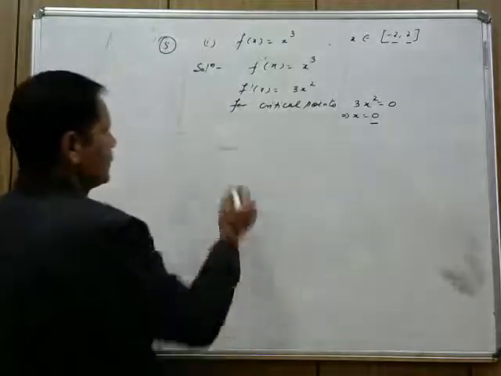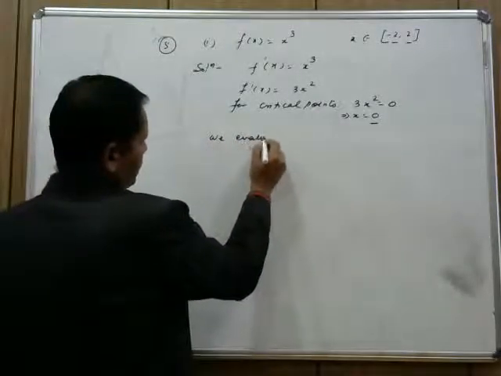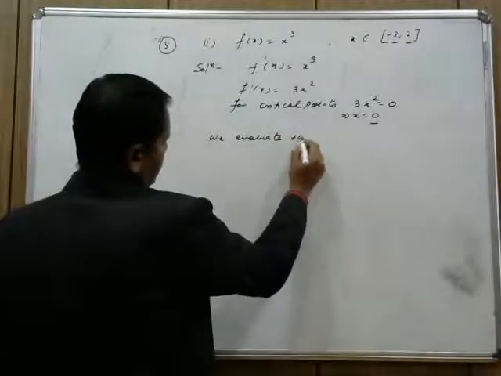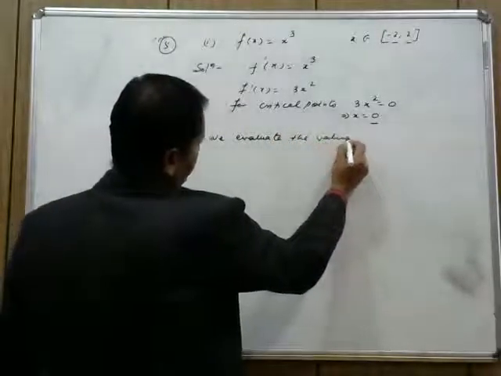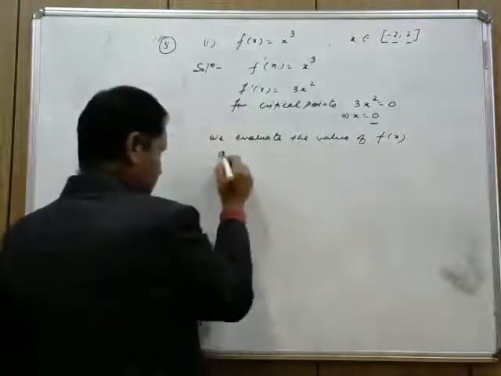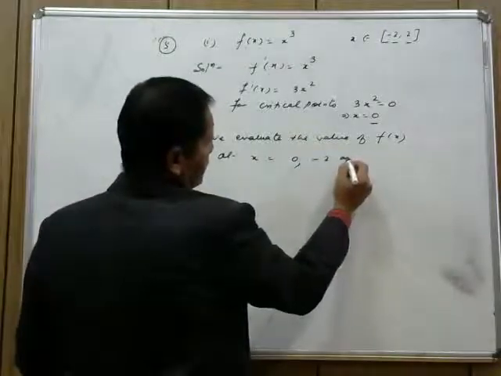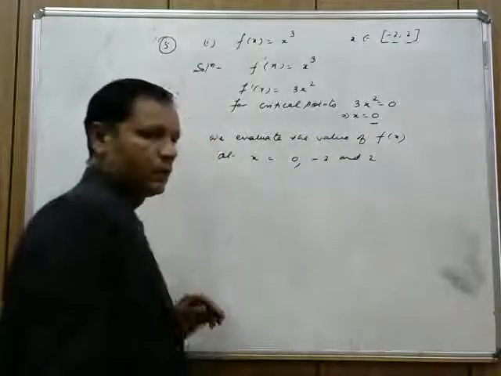That's why now we evaluate the value of f of x at x is equal to 0, minus 2 and 2, on all the 3 values.